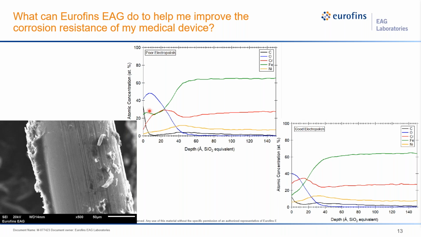So the surface oxide layer is not chromium oxide rich. For a good electropolish, here you can see that chromium is higher than the iron. So you can see that the chrome oxide layer is approximately 20 angstrom in terms of thickness.